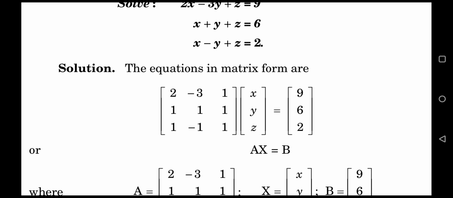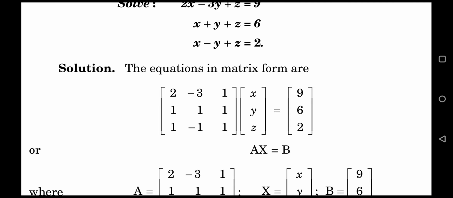In the first row, the coefficients of x, y and z are 2, minus 3, 1. Second row, 1, 1, 1. Third row, equation number 3, 1, minus 1, 1.